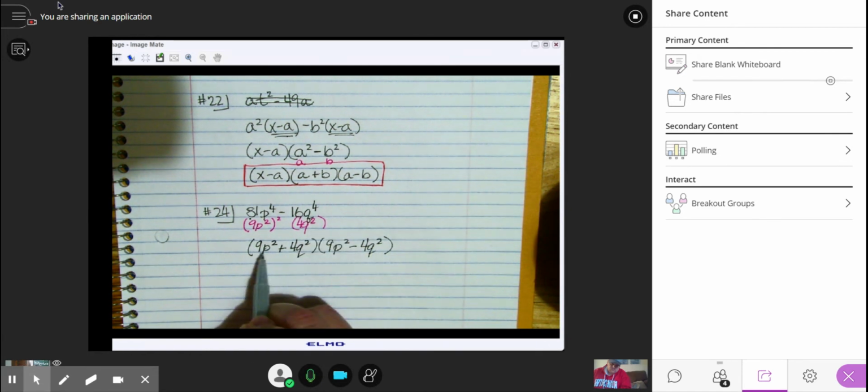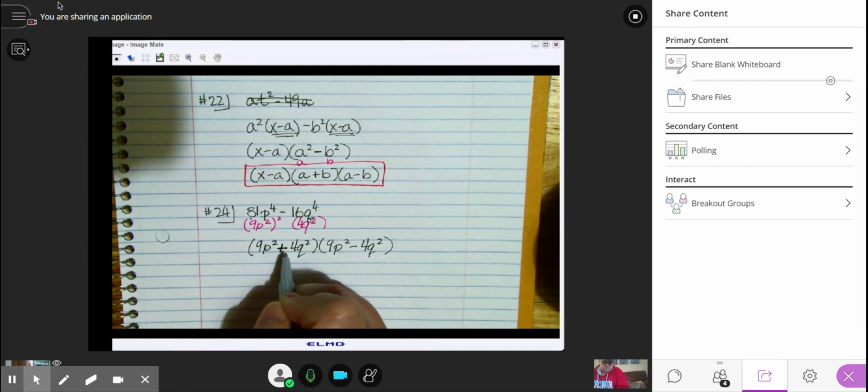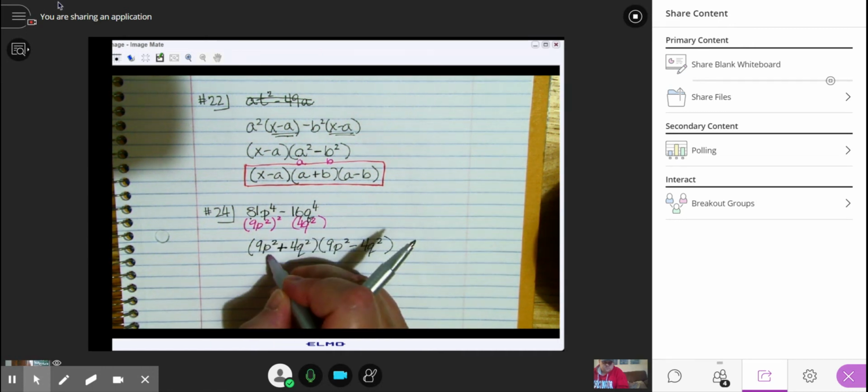Since these are squares, that's not degree 1. This is a perfect square. This is also a perfect square, but this is a plus. And because this is a plus, I know that this particular factor is now done. This one is prime.